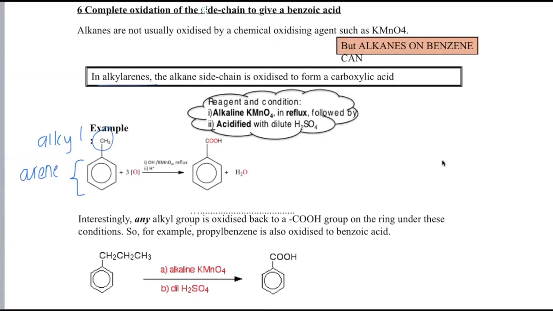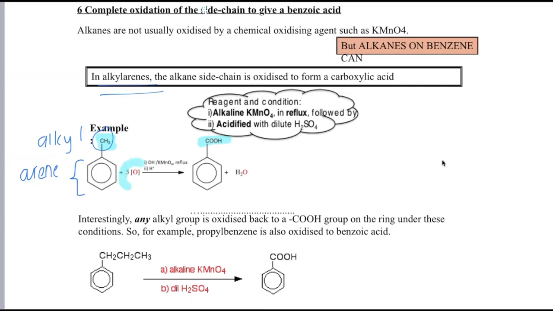That's why we have alkyl arenes. So in alkyl arenes, the alkane side chain is oxidized to form a carboxylic acid. Okay, so what happens is that this CH3 turns into a COOH. Okay, you don't need to know the mechanism. It's something that you just have to memorize, right?